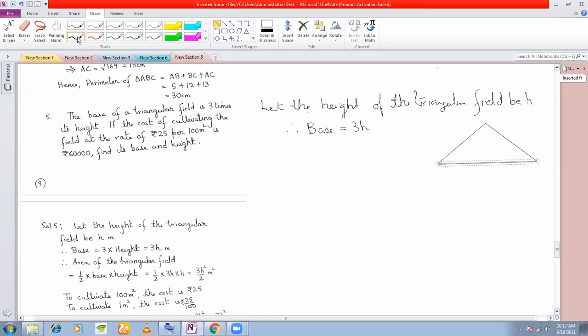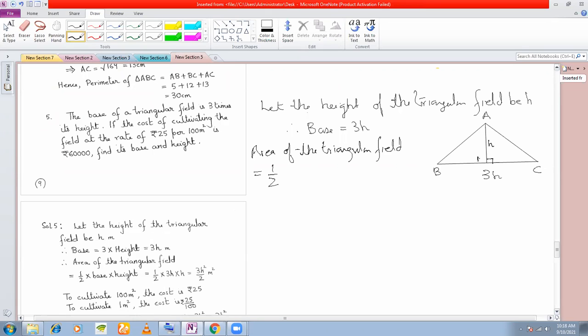So this is a triangular field. Base is 3h. And from here you can drop a perpendicular. This one will become your height. This is height. So what is the area of the triangular field? Half base into height.